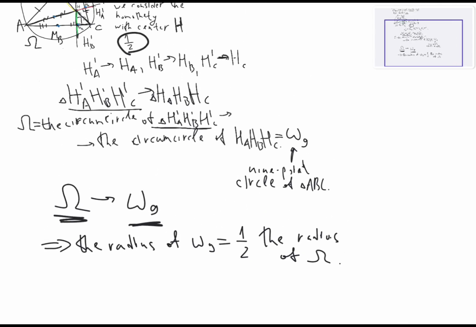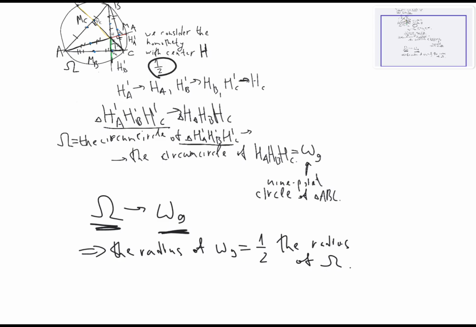So that's how we establish the radius, and now the center. So under the homothety, if one circle is mapped to another circle, then the center of this circle must be mapped to the center of this circle.